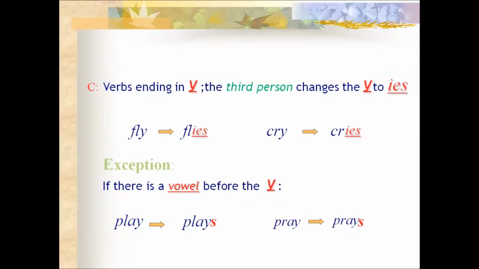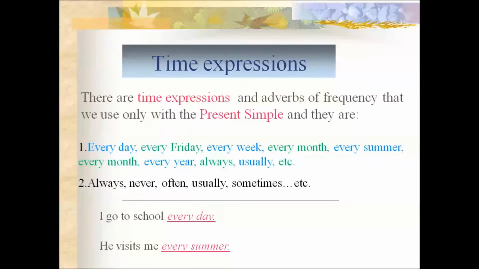Okay, just go on with the time expressions. Here, I just want to show you the words every day, every Friday, every week, every month, every summer. As I have been mentioning, when you see the word every plus time, it is used with the present simple.